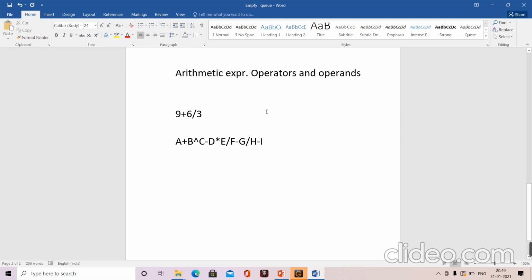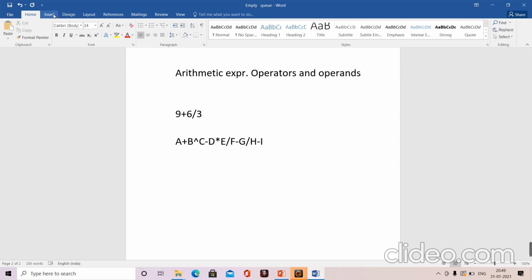Now, exponentiation will be performed first, that means b to the power c will be performed first, and then d and e will be performed second, and then third, the division between that result and f will be performed.